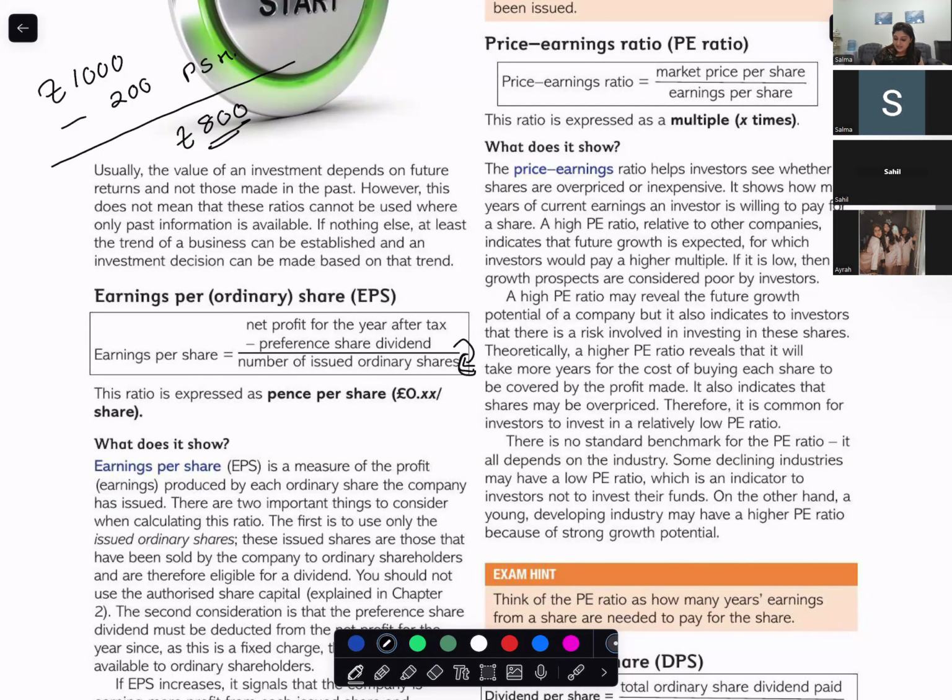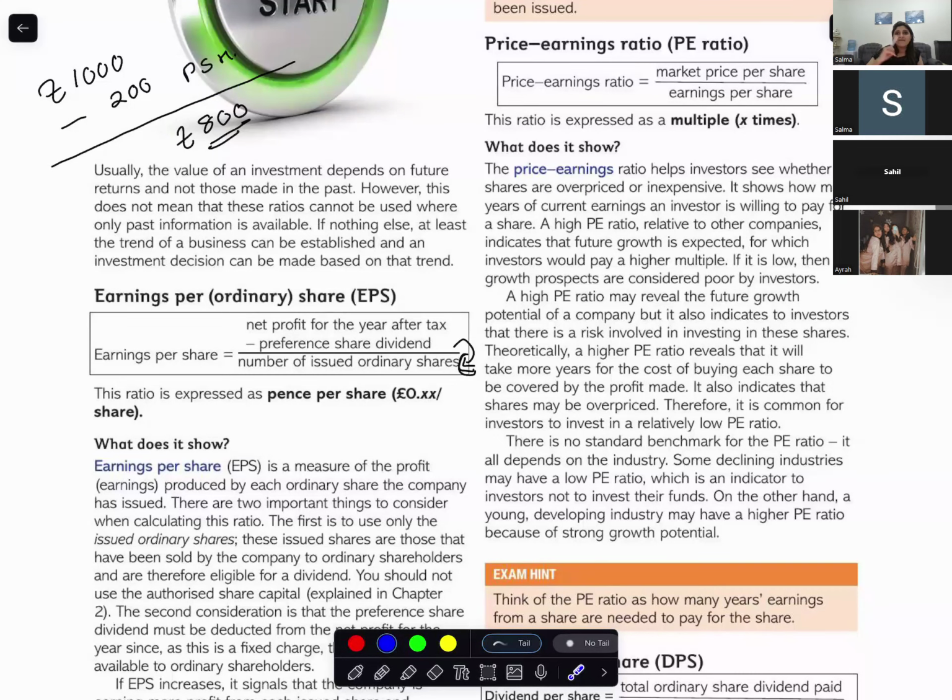Say your net profit after interest, after tax is 1000. But from the net profit, the dividend first has to be given to your preference shareholders. What you give to your preference shareholders has to go away.